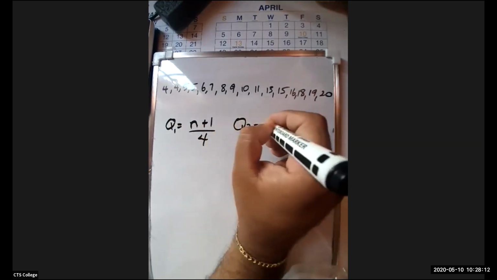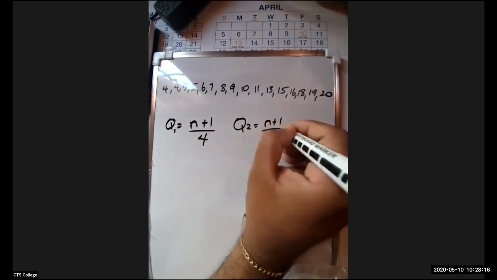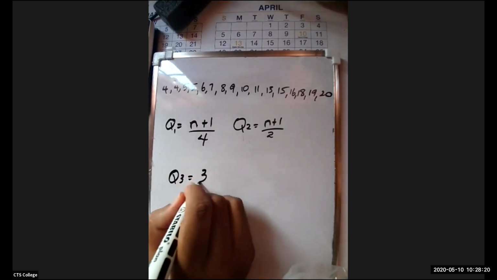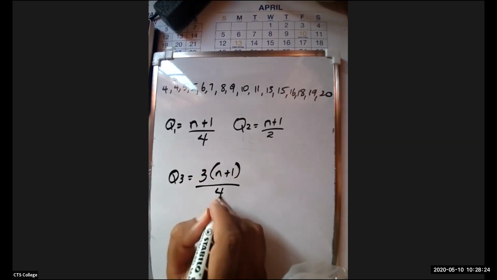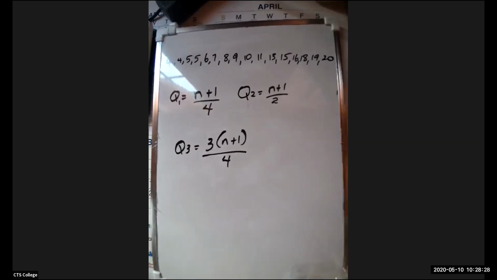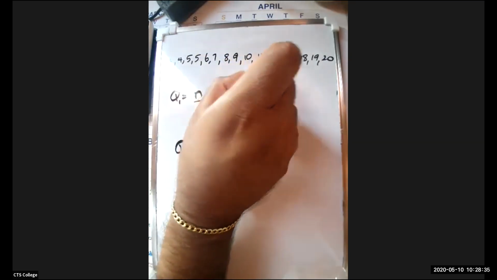Q2 is (n plus 1) over 2. And Q3 is 3 into (n plus 1) all over 4, right? So how many values are there? How many scores are there? 1, 2, 3, 4, 5, 6, 7, 8, 9, 10, 11, 12, 13, 14, 15, 16.